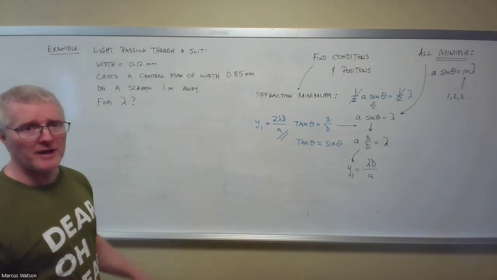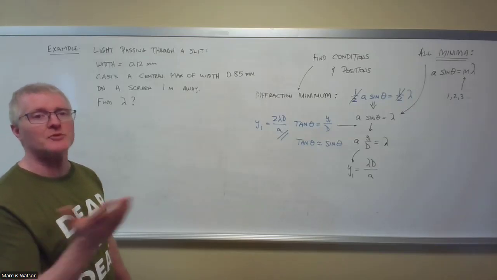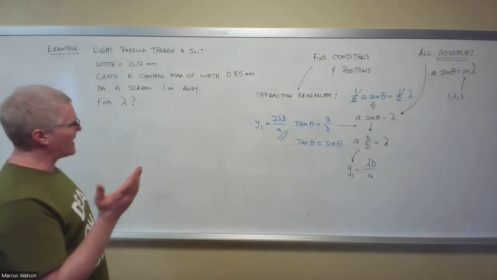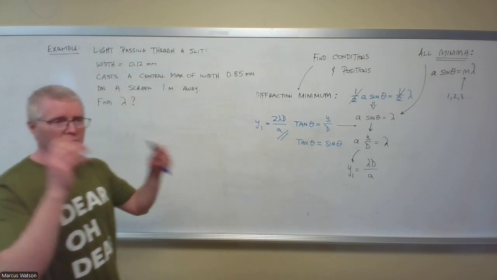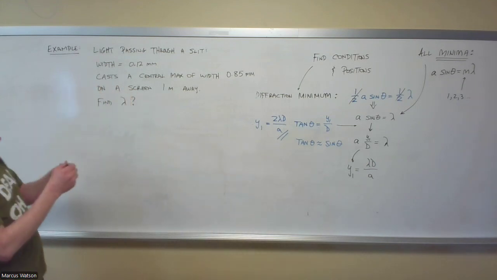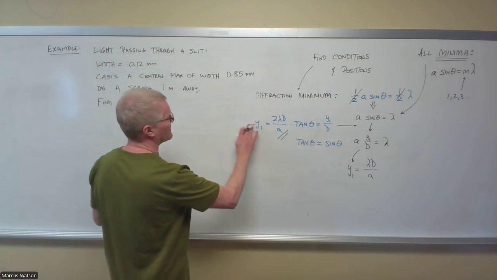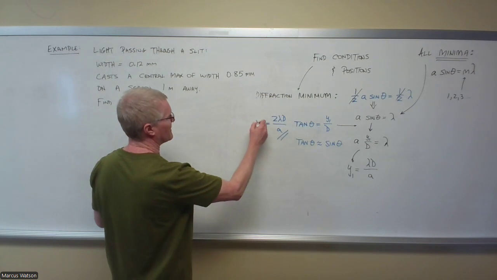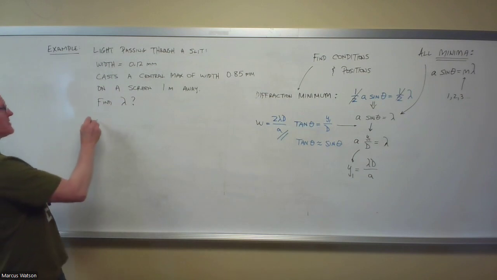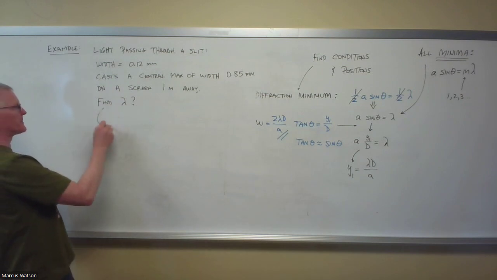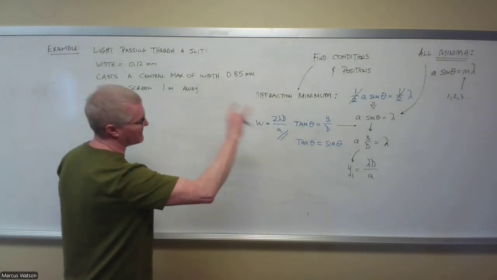Okay. A real easy way to determine the wavelengths of things: cast them through a single slit, or through a double slit, look at the pattern, and measure what's going on with the pattern, and you can figure out what the wavelength is. In this case, I know that this is the width of the central maximum. So if I rearrange to find wavelength, I multiply the A and divide by the 2D.